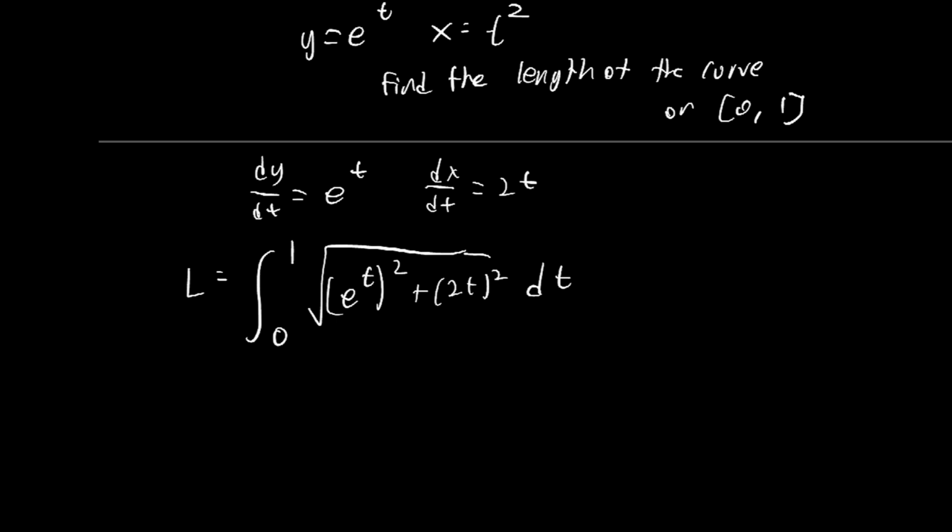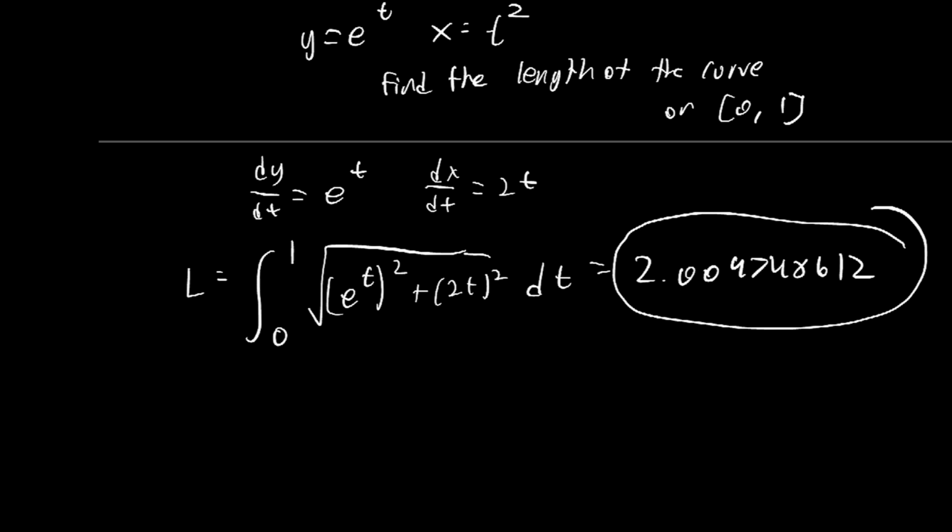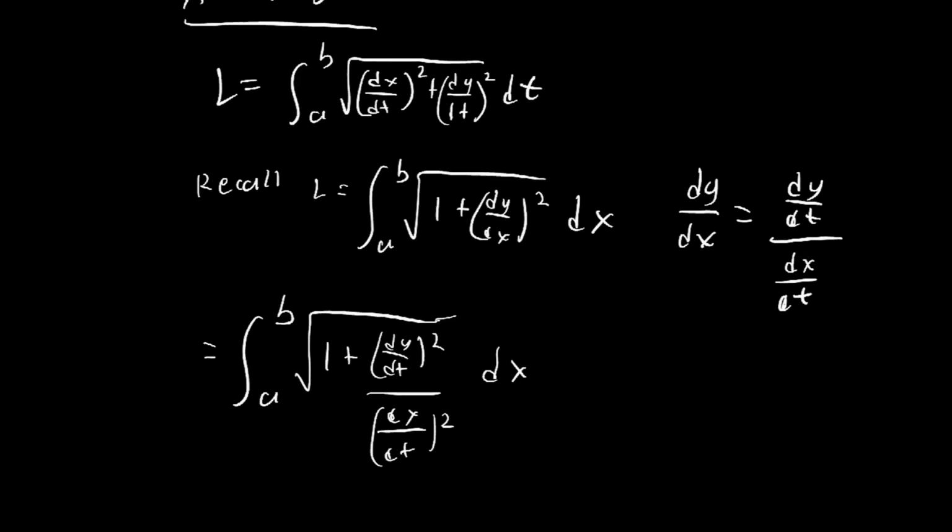So let's just do that real quick. e to the, plus 4, dx, and you should get something close to 2.009748612 as your big decimal number here. And there you have it, guys. So this is pretty much all you need to know for parametric.